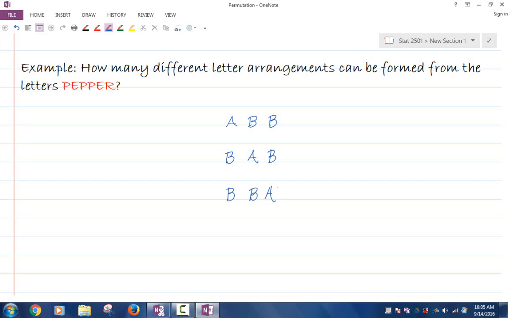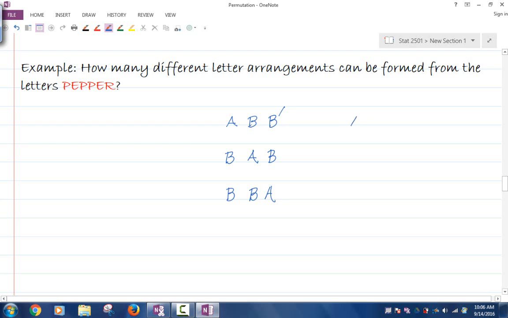But if I assume that they are all distinct, how many permutations do I have? For now, think of one of them as B prime. So if they were all distinct, what would the permutations be?